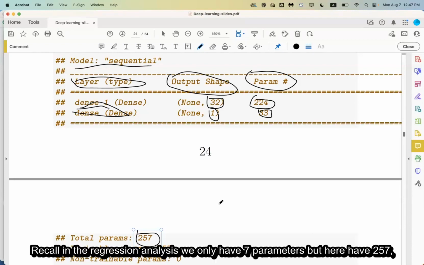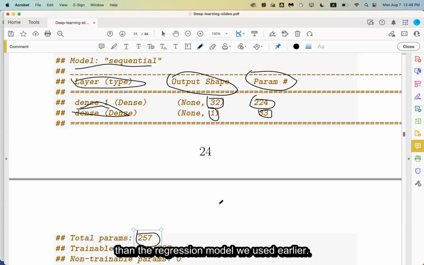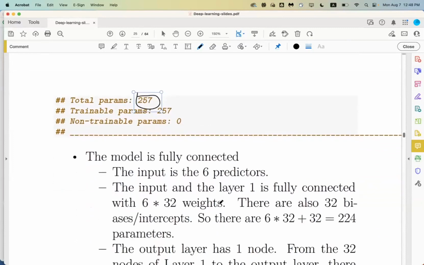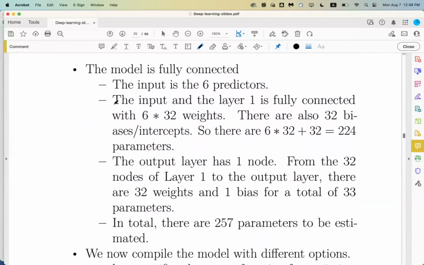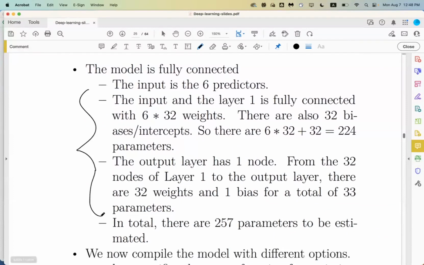Recall in the regression analysis, we only have 7 parameters, but here we have 257, which means the neural network model here is much more complex than the regression model we used earlier. Again, I talked about how to calculate the number of parameters.